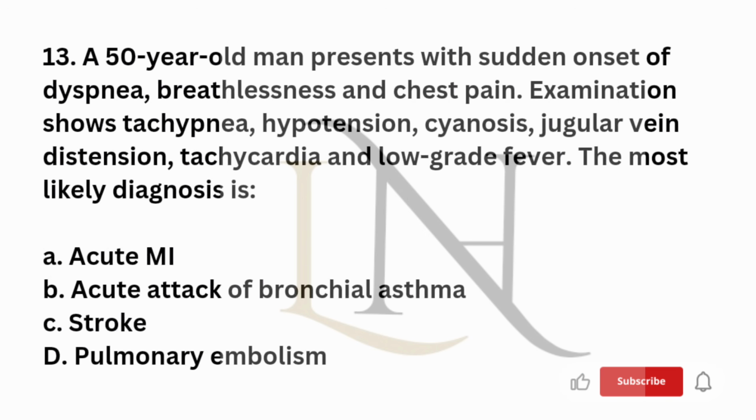Next question. A 50-year-old man presents with sudden onset of dyspnea, breathlessness and chest pain. Examination shows tachypnea, hypotension, cyanosis, jugular vein distension, tachycardia and low-grade fever. The most likely diagnosis is option A, acute myocardial infarction.